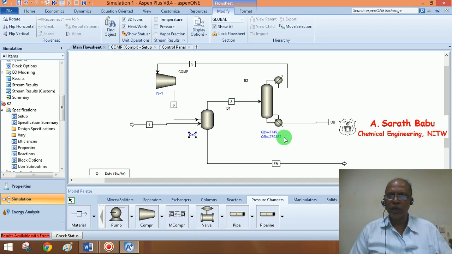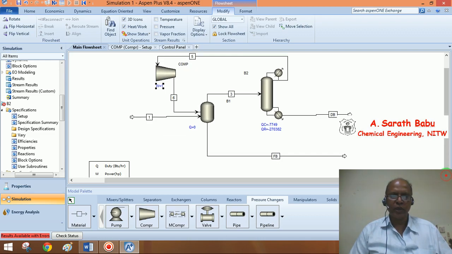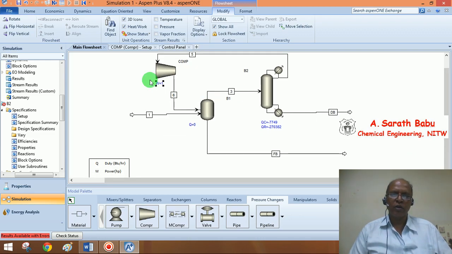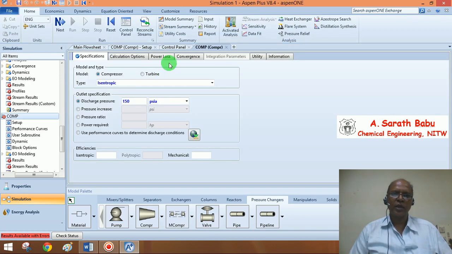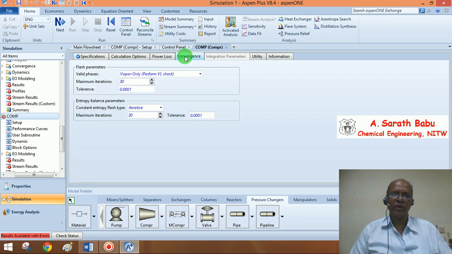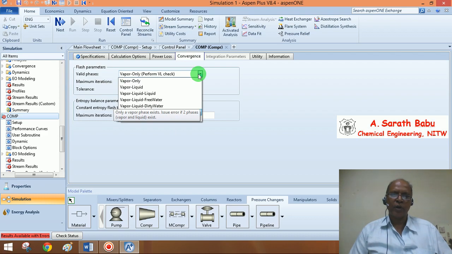So we have condenser duty and reboiler duty in terms of BTU per hour. And we have the work, I don't know whether it is in HP. Yeah, work is 1. Now let me also go to the compressor and say valid phases should be vapor liquid.